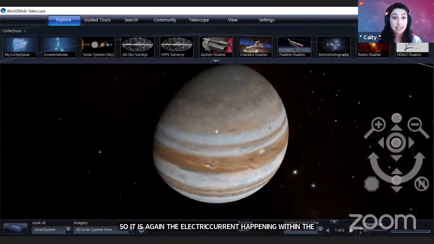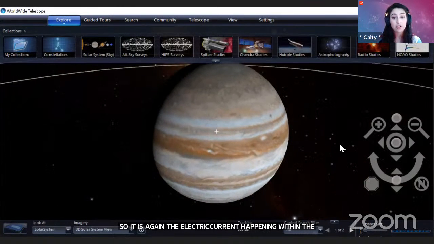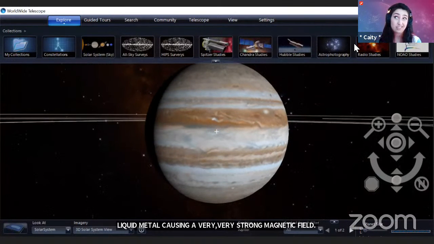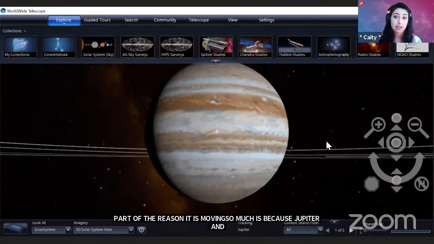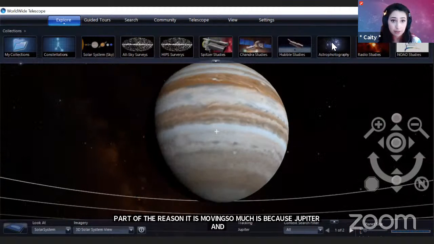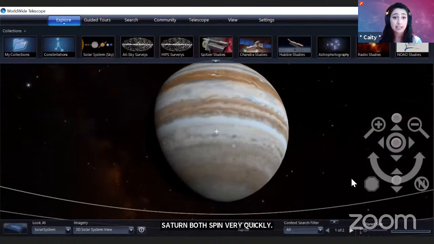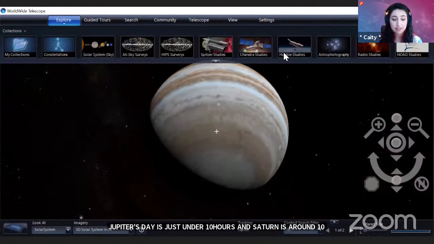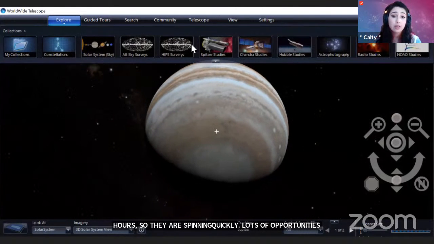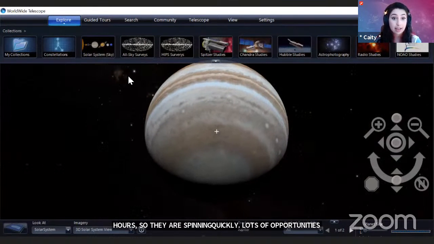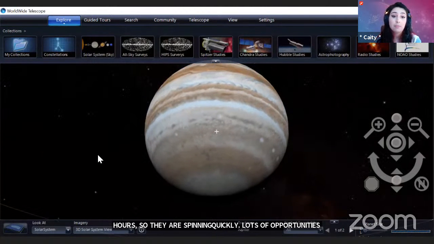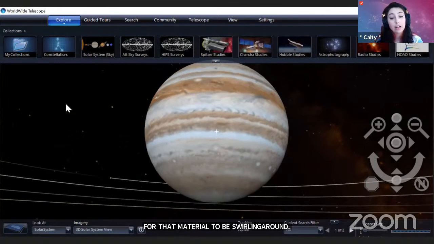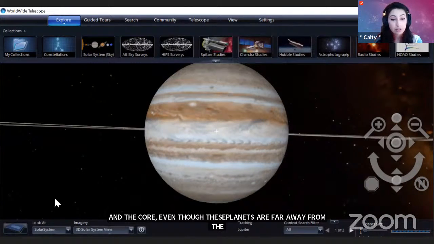And part of the reason it's moving so much is because Jupiter and Saturn both spin very quickly. Jupiter's day is just under 10 hours and Saturn is around 10 hours. So they're spinning very quickly. Lots of opportunities for that material to be swirling around there. And also the core, even though these planets are far away from the sun and it's very cold out here, the more you go toward the core of these planets, the more pressure rises, and temperatures as well.